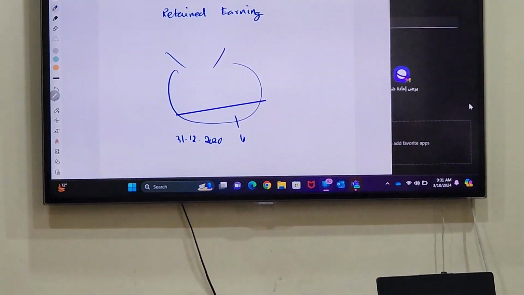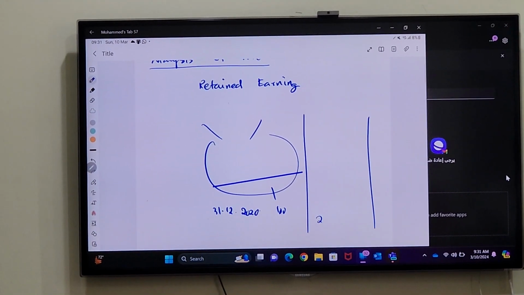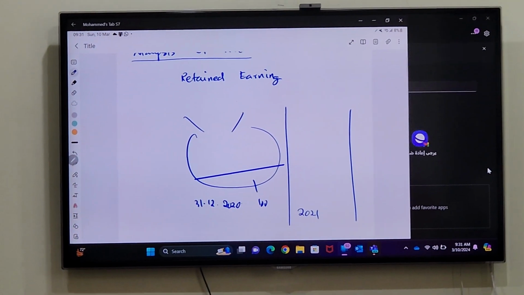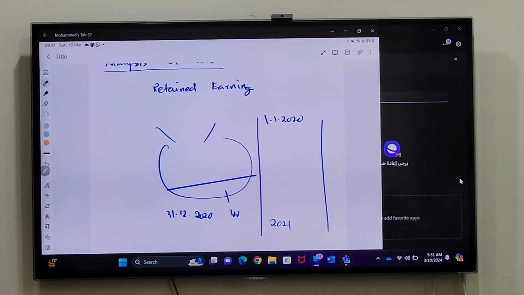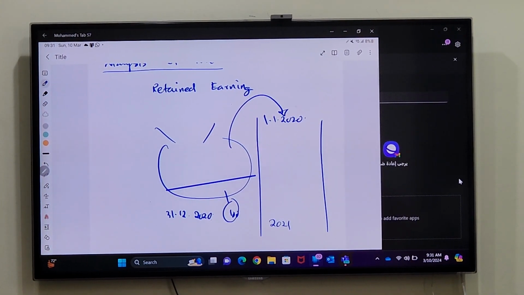You remember we talked about the pot. After the expenses are paid, what is left over there is the retained earnings. Let's say on 31st December 2020, I have 100 here. Now we come to 2021, and on 1 January 2021 this 100 will continue here, right? So that is what I mean by retained earnings. From this 100, and for this year I then have, let's say, another 300.